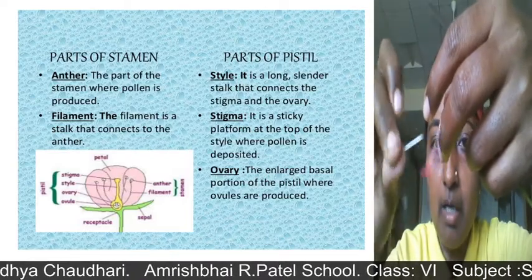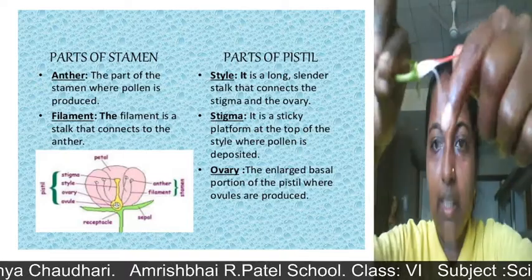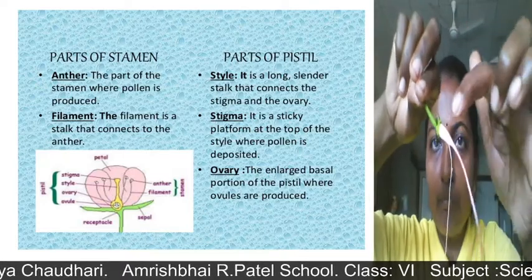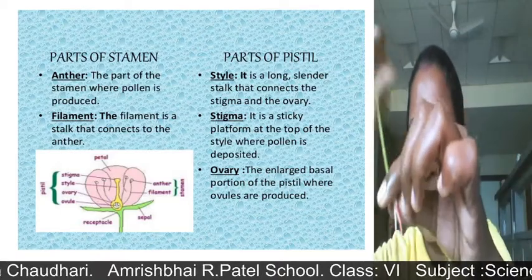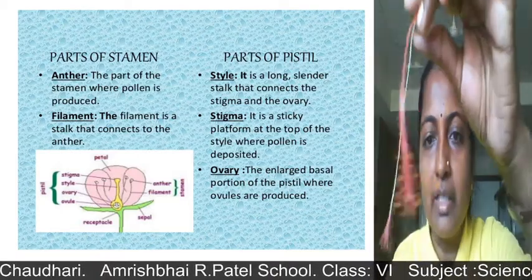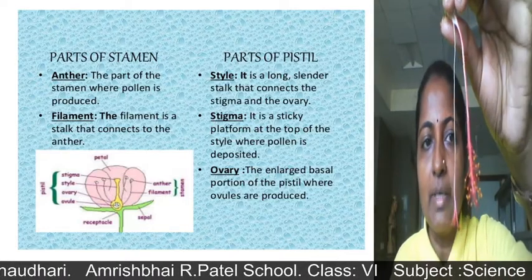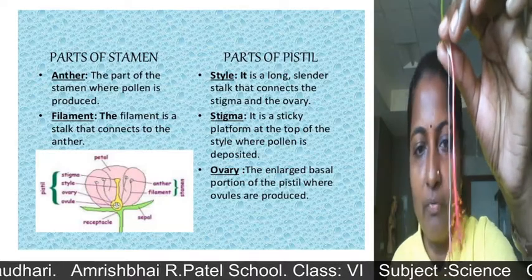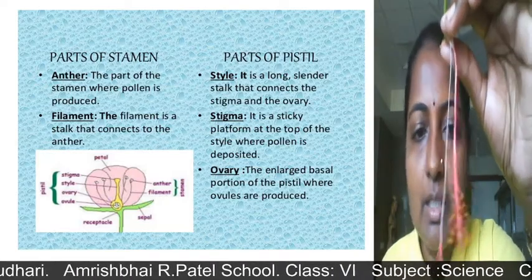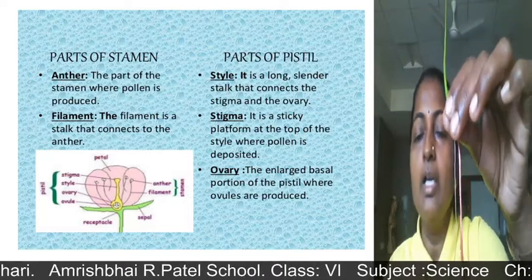This white structure is called style, and here the ovary is situated, and here you can see anther and filament. So you can see both the parts properly. Stamen, that is anther and filament, and pistil: style, stigma and ovary. The enlarged basal portion of the pistil where ovules are produced is called ovary.